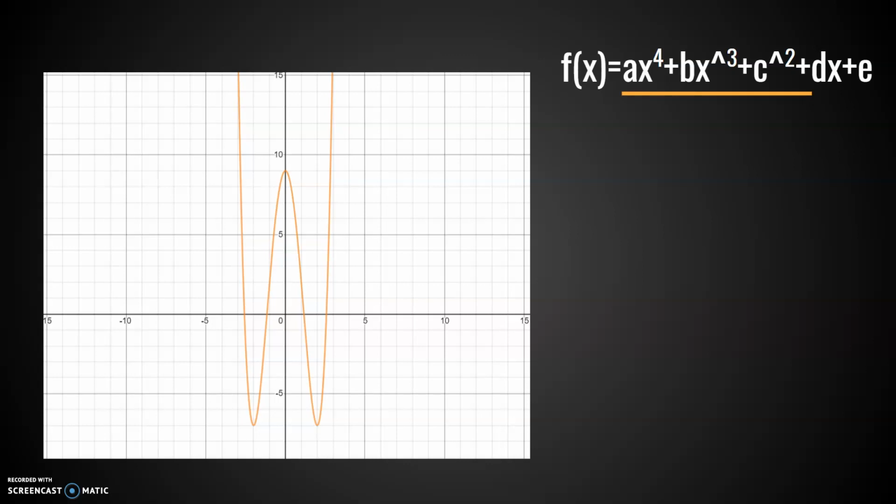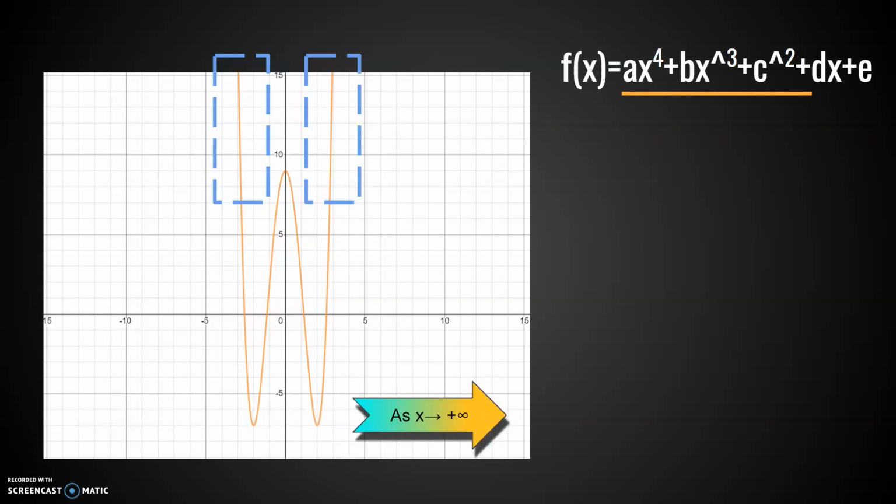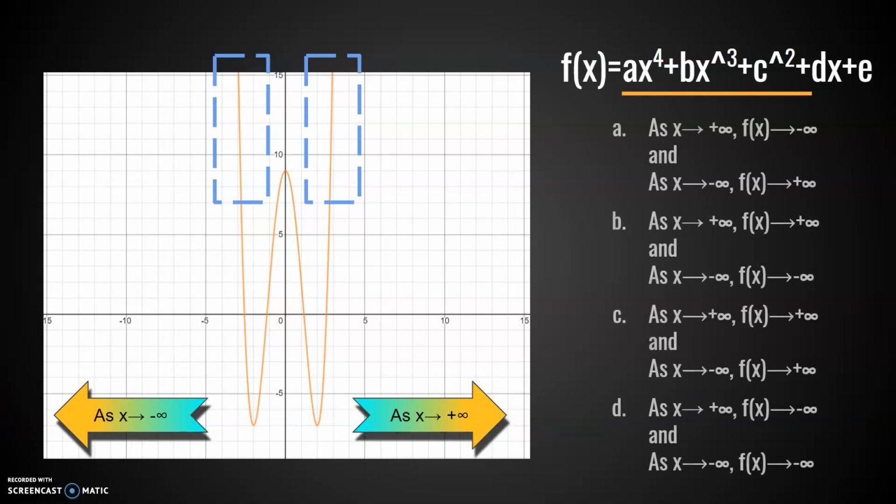However, we are interested in the end behaviors of these polynomials, so it does not matter how many solutions the middle of these graphs portray, but rather the general behaviors of the ends of the graph. When we focus on the ends of this graph, as x approaches positive infinity, f of x approaches positive infinity, and as x approaches negative infinity, f of x approaches positive infinity. Therefore, our answer is C.